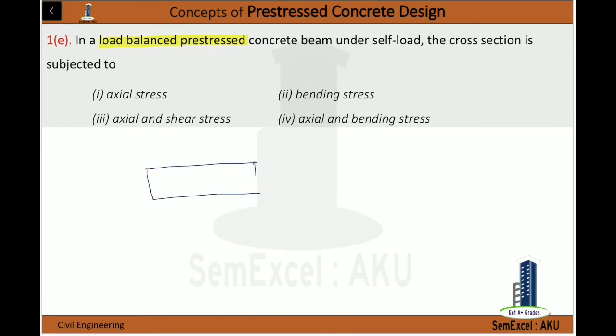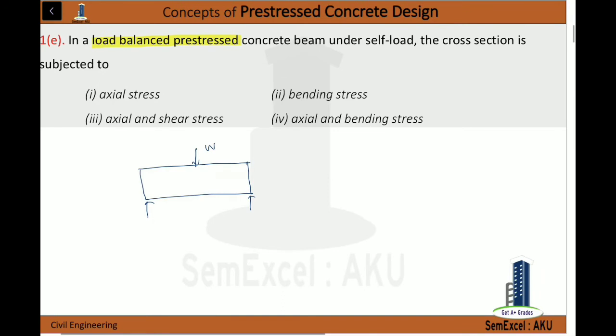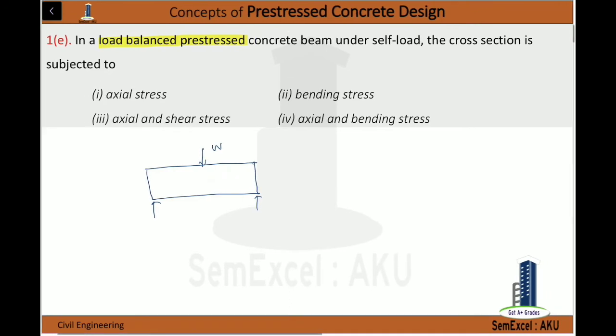Let us say we have a beam, we have the support, it is simply supported, and we have a point load W. Due to this we have some moment throughout the length. Let us say this is the bending moment diagram. What is the maximum value? If the length is L, the maximum value of that moment will be equal to WL by 4.